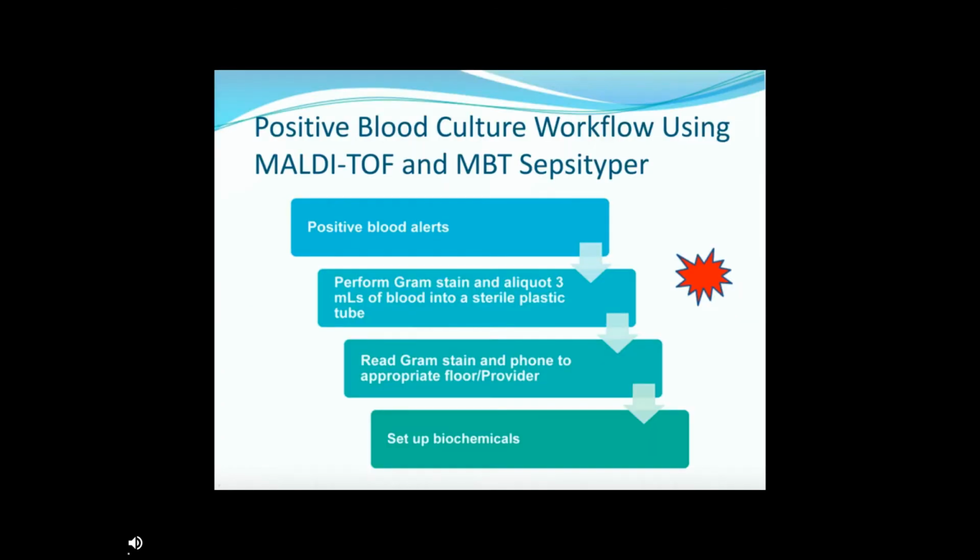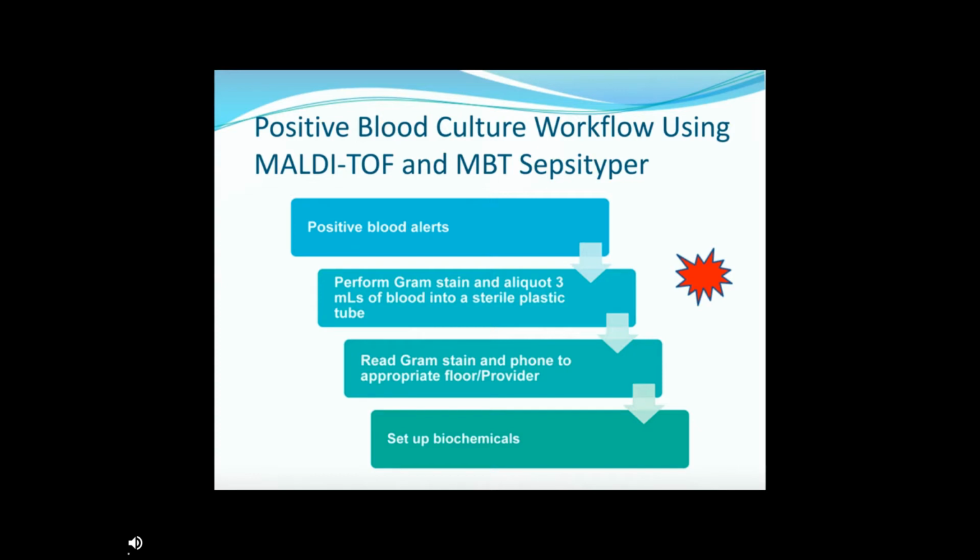So now if we move on and we implement our MALDI and our Sepsityper, the workflow is similar to a point. Where positive blood will alert, we will pull it off, we will make our gram stain, we will aliquot our 3 mLs of blood. We will read the gram stain.